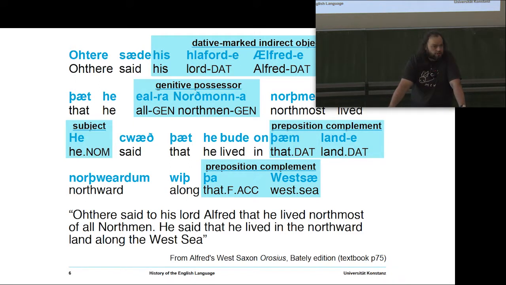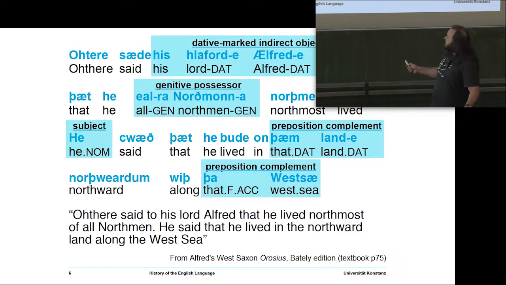And quoth is the same word as cwæð here. He said. You also find it a lot in the Bible, the King James Bible translation. So this is the special verb for to say. It alternates with the other verb secgan, to say, that you will find in the Old English texts. And they're both roughly equally frequent in the Old English texts.